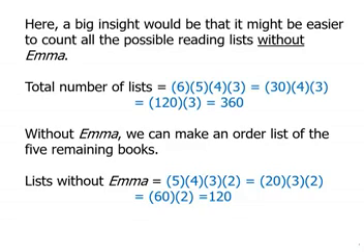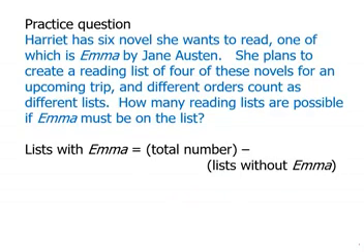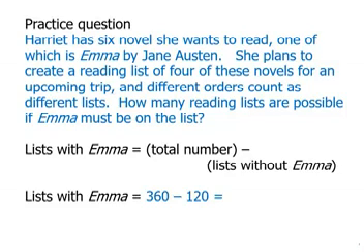And that's the number of orders that do not obey the restriction that we want to obey. So the total number of lists with Emma is going to be the total possible number minus all the lists that are without Emma. So that's going to be 360 minus 120 is 240, and that's the answer.